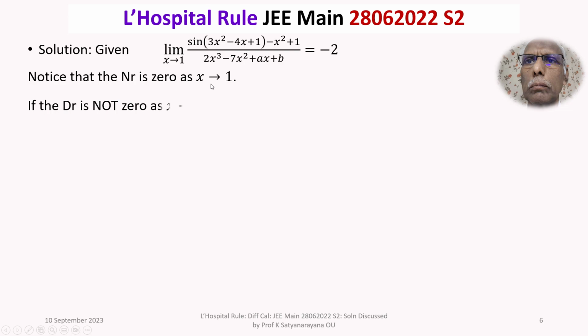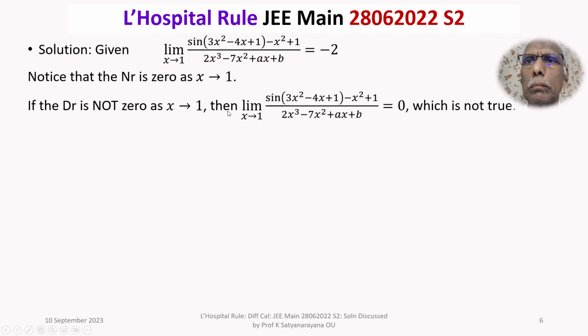If the denominator is not 0 as x tends to 1, then the limit of the above will be 0, which is not true because it is given to be −2. Therefore, the denominator must be 0 as x tends to 1.